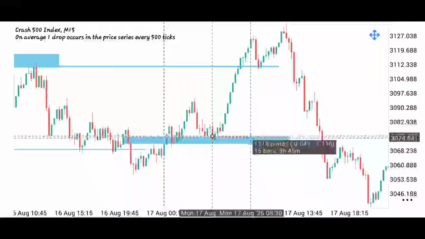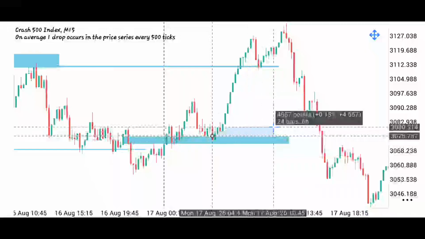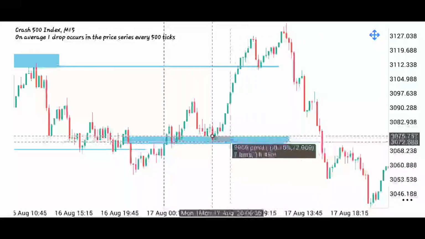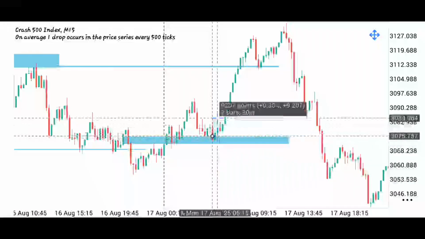So we can see that our fair value gap was starting from 3073.804. That's where the bodies are closing. They're closing at the same point where our fair value gap is, which means that this fair value gap was highly respected.